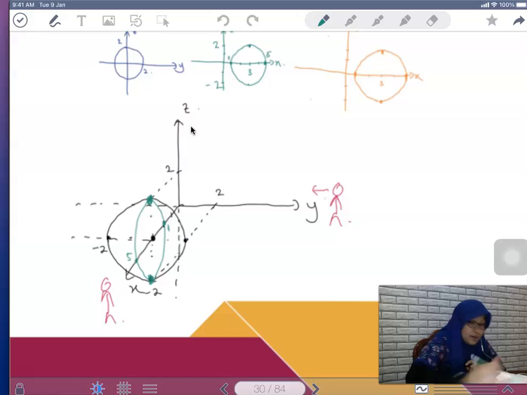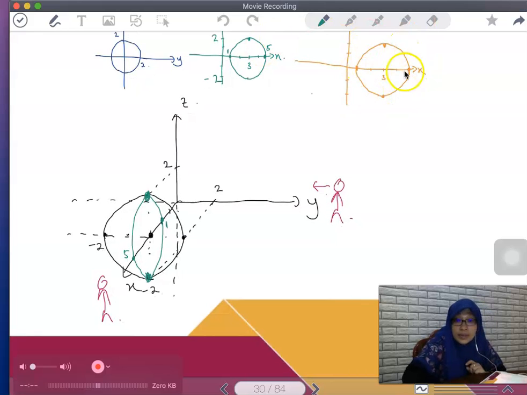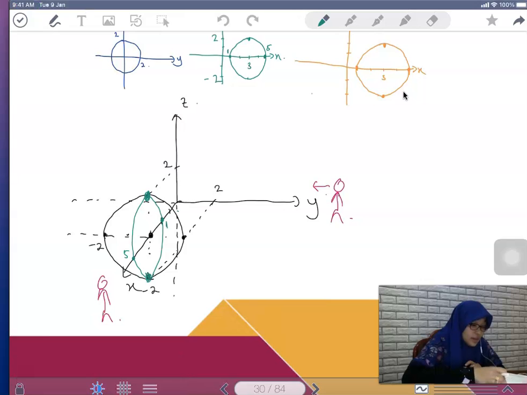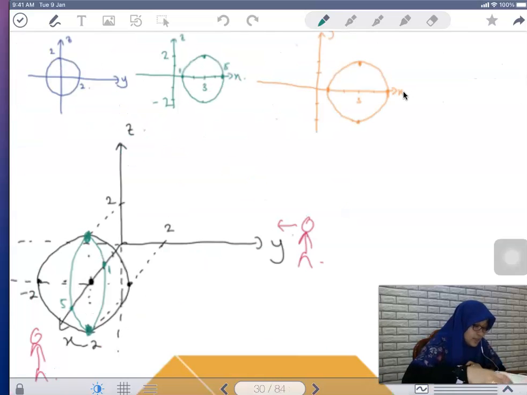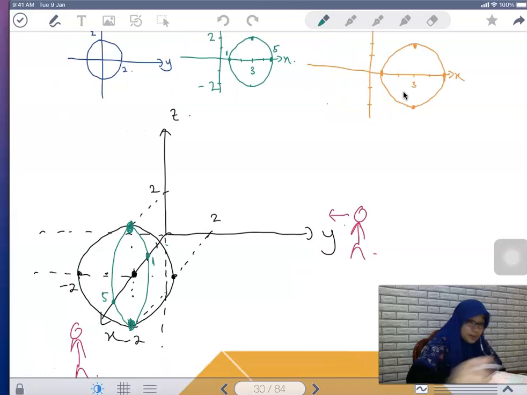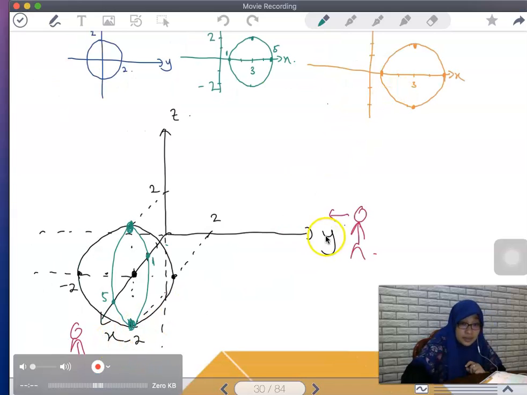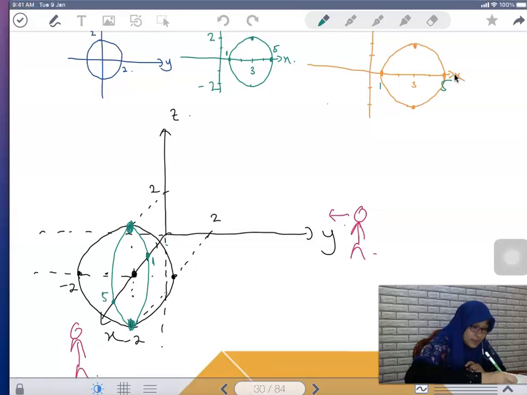Okay, and then where is the yellow circle, which is on the xy plane? Down here, this is x, this is y. So at x, you can see this is 5 and this is 1.